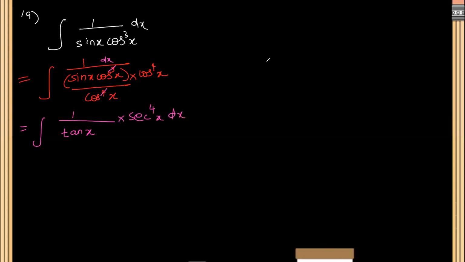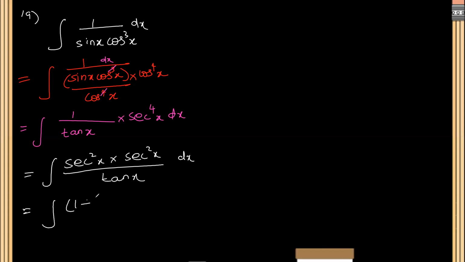Next step, rewriting that as secant square x into secant square x in the numerator, and in the denominator we have tan x dx. Then for one secant square x term, we use the trigonometric identity, so 1 plus tan square x. Let the other secant square x be as it is, the whole by tan x dx.